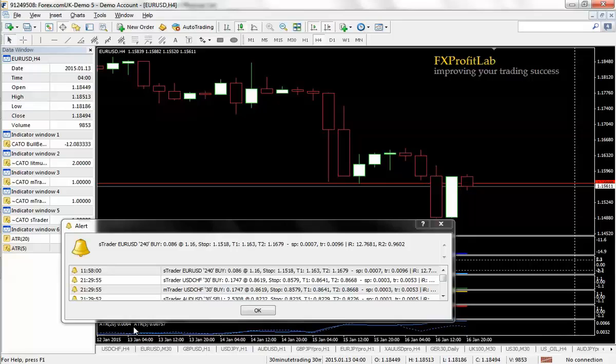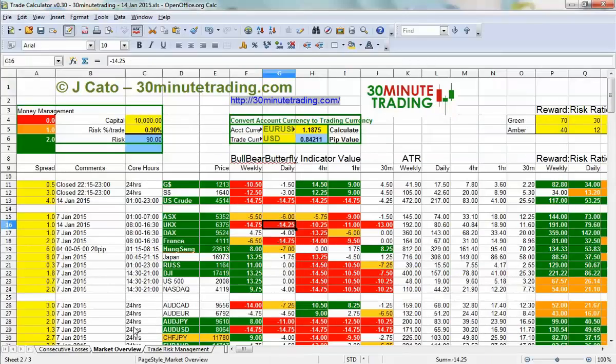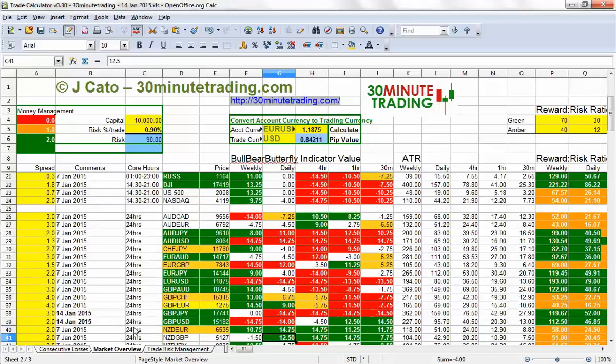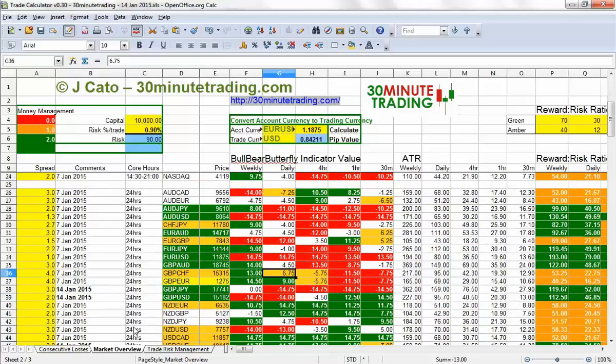So this is where the trader comes back into it. Then we come down through here and look at various things. For example, you've got the Aussie dollar at that time. You're looking for shorts on the Aussie dollar, so any long on the Aussie dollar that comes up, I'm going to ignore it. I'll wait until I get a short alert on the Aussie dollar, then I'll have a look and decide.